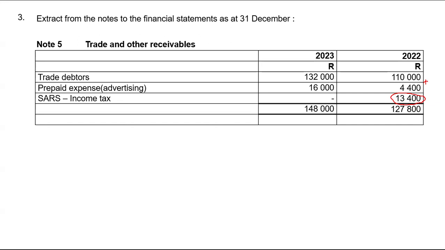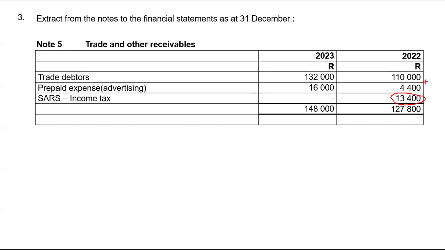Most people, when they see SARS VAT, want to exclude it. I don't know why. I specify it's only SARS income tax. You exclude it in trade and other receivables as well as trade and other payables. Exclude means if it was included, you subtract it. If it was not included, you don't add it at all. In this case, I decided not to add it at all.